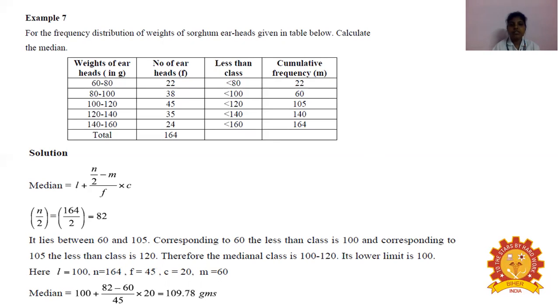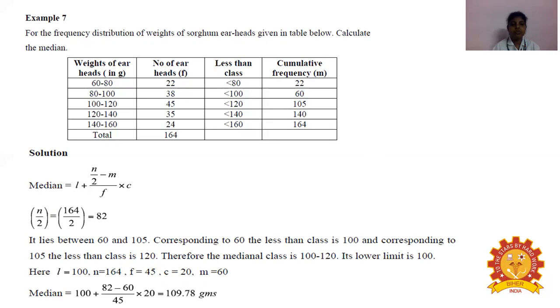The first one is as usual the frequency column value 22. Next, adding 22 plus the second value of the frequency column 38 equal to 60. Next, 60 plus 45 equal to 105. Next, 105 plus 35 equal to 140. Next, 140 plus 24 equal to 164.